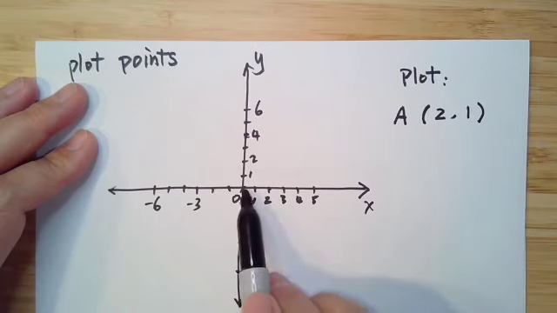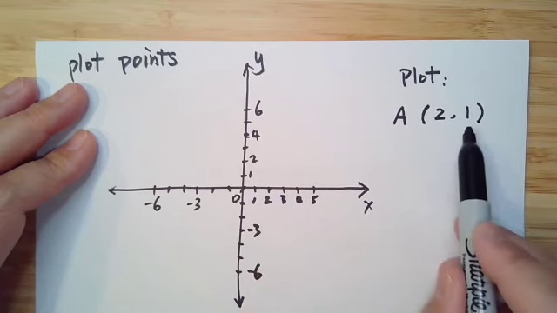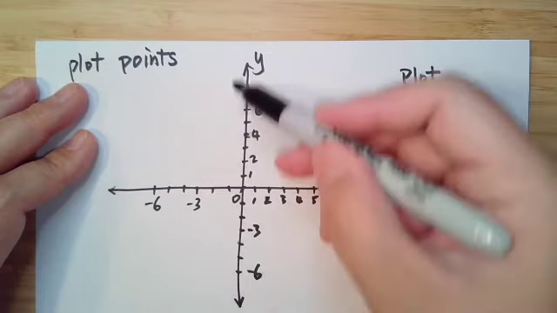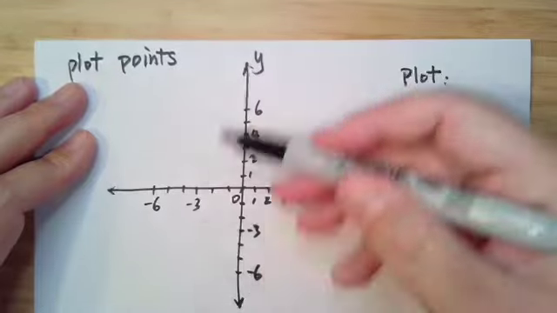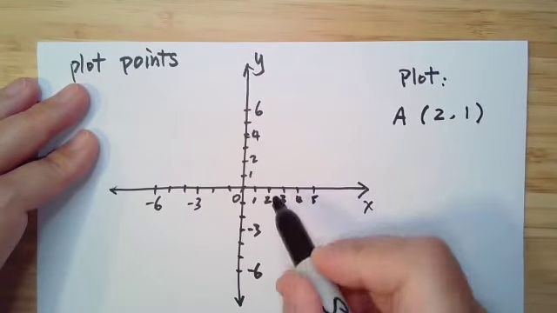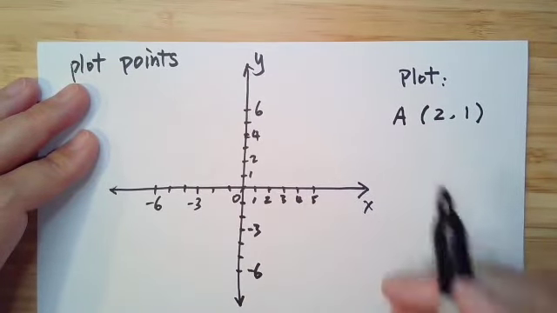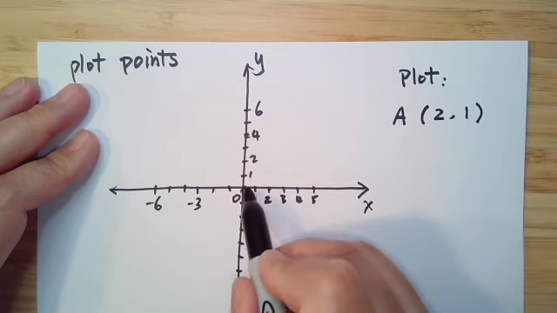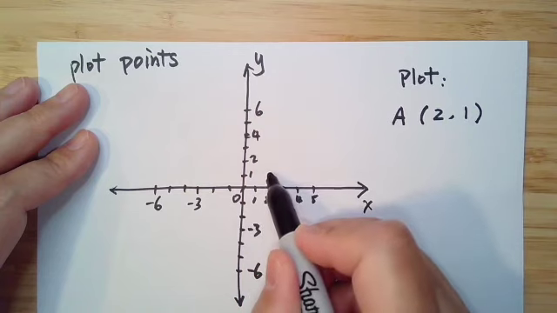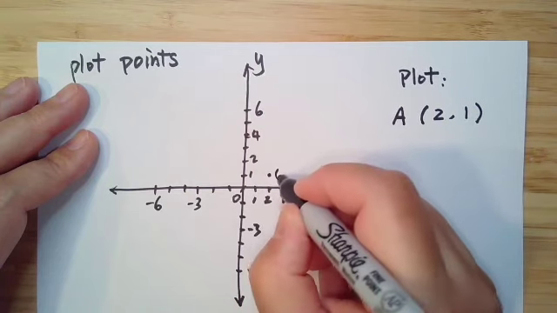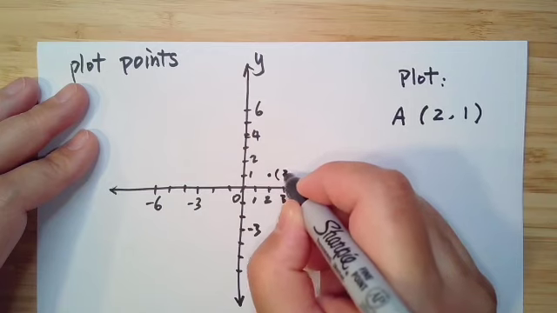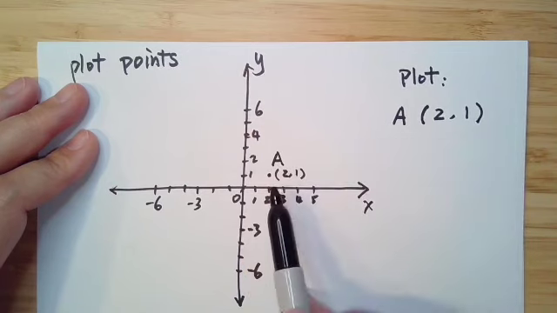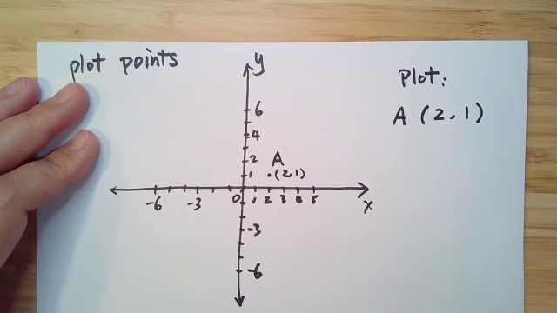Then the y coordinate is 1, that's up and down on the y-axis, so you move up by 1 unit. So move to the right by 2, up by 1. Here it is: this is the point 2, 1, or A. This is how you plot a point.